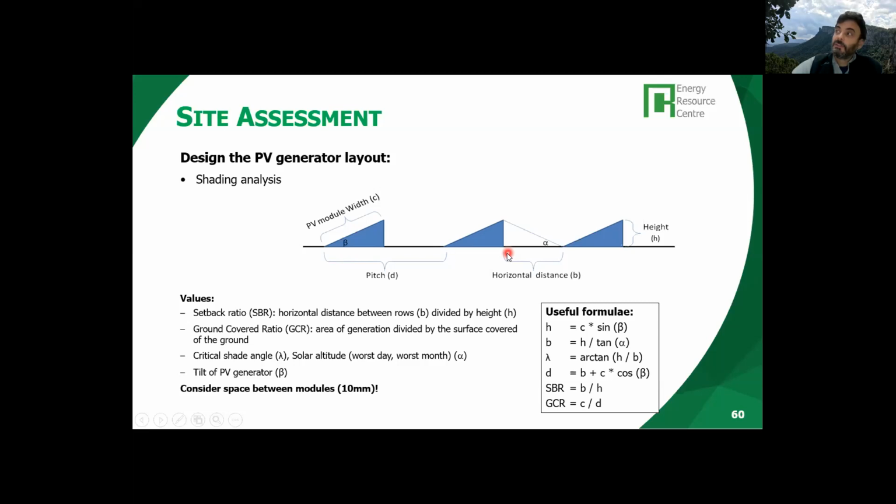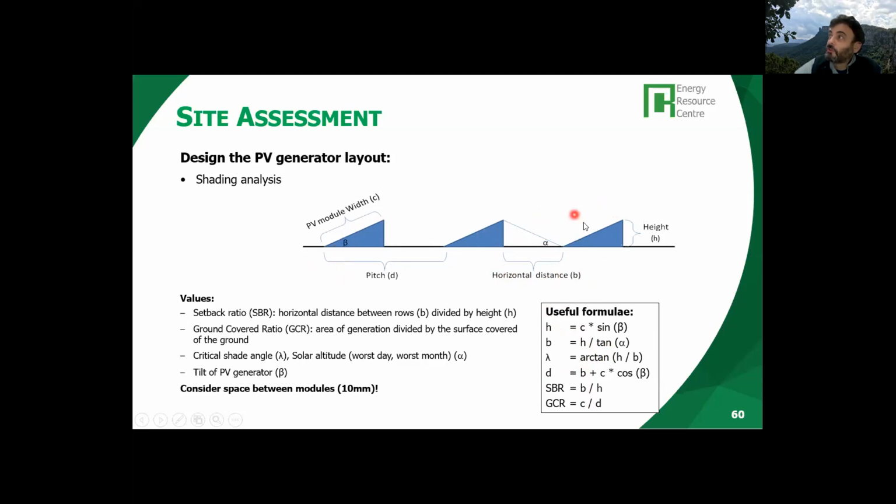So this is an important parameter we want to calculate, the interdistance, let's call it B, between panels. This is the formula. I'm going to ask you to calculate some things now.